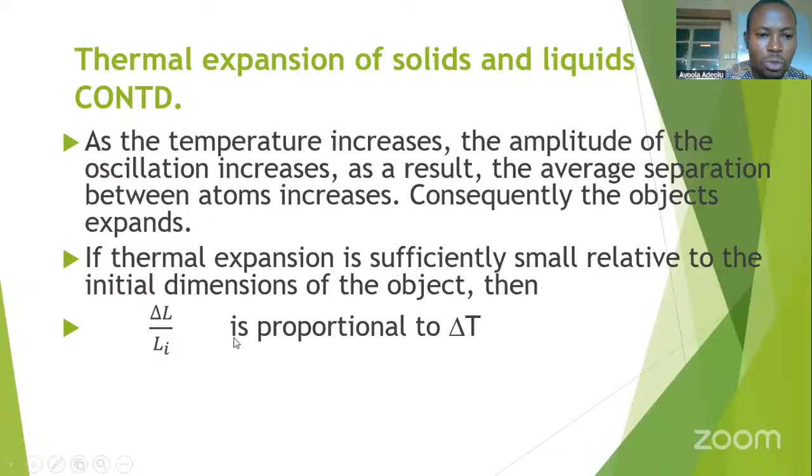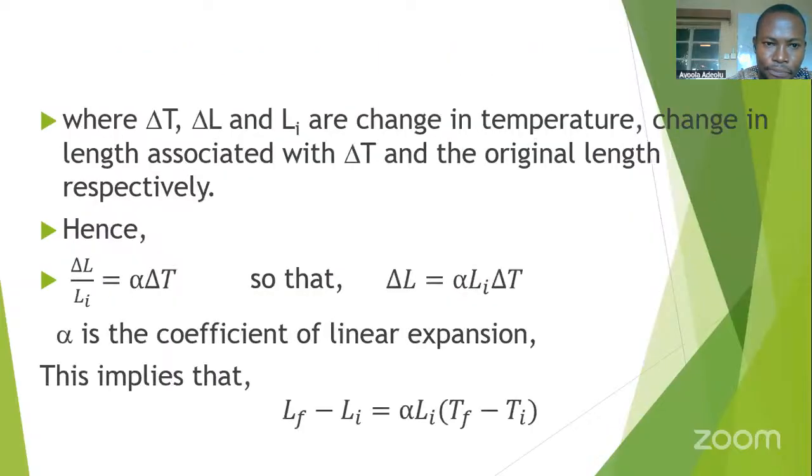So this relationship, that is change in length over the original length, is proportional to the increase in the temperature, when the expansion is not too great. Where delta T, as I said, is increase in temperature, delta L is change in length, Li is the original length of that material.